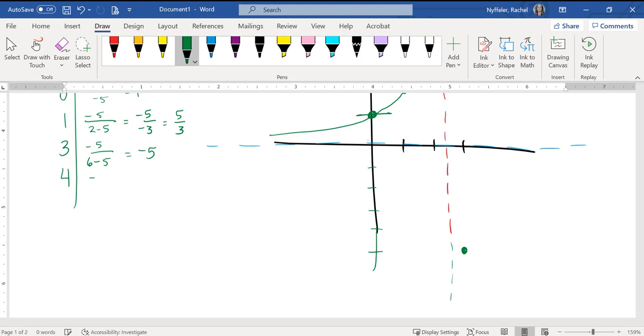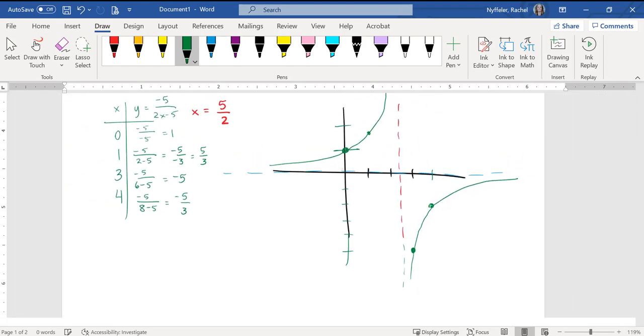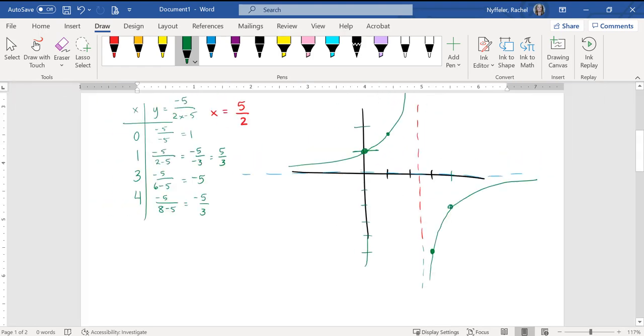And if x is 4, -5 over 2 times 4, which is 8 minus 5, I get -5 over 3. So -1 2/3, which is here, and that's when x is 4. There's the graph if I'm doing it by hand.